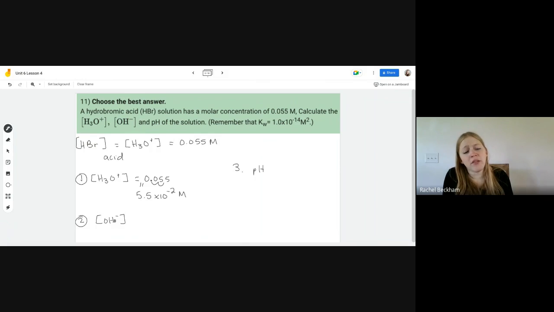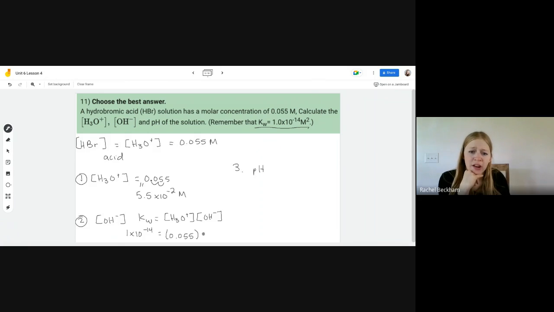For the OH concentration, we can get that because we know the formula, Kw equals H3O plus times OH negative, okay? Kw is always this number. So 1 times 10 to the negative 14th is going to equal, and then H3O plus is 0.055, right?